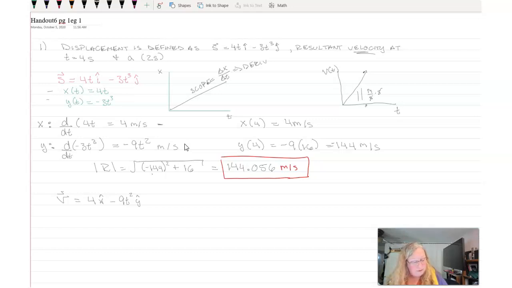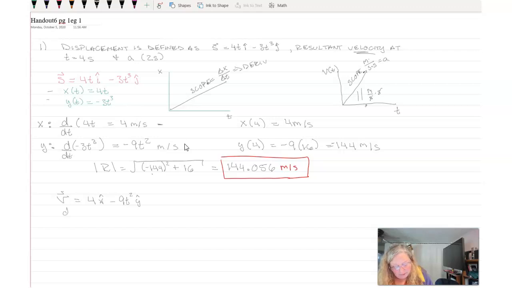And I look at the slope though, and my slope, rise over run, meters per second over seconds, gives me acceleration. Okay, so I need to take the derivative again of this in order to get my acceleration.